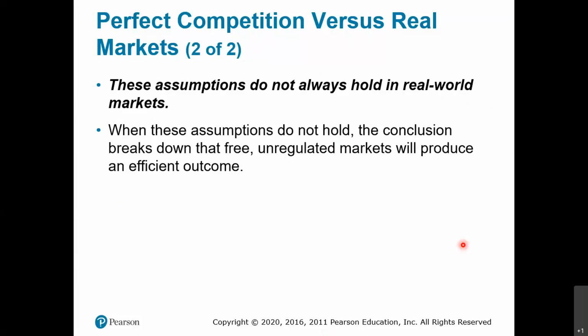But like the slide says, and I don't mean to read you the slide, but I want you to grasp this. When we start violating the assumptions, the conclusion that free and regulated markets get us to an efficient outcome breaks down. A lot of professors love to say, free markets, yay, free enterprise, yay, everything is awesome, right? Well, yeah, as long as you're in perfect competition in that sense.